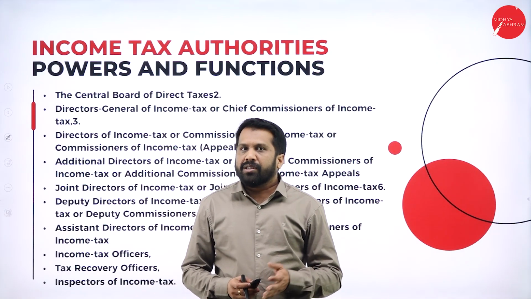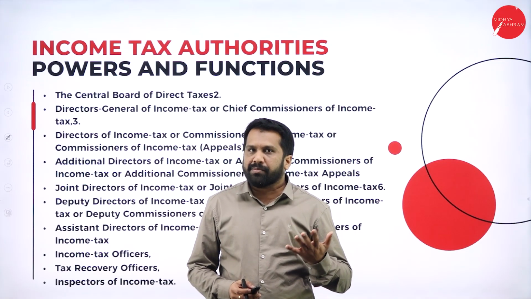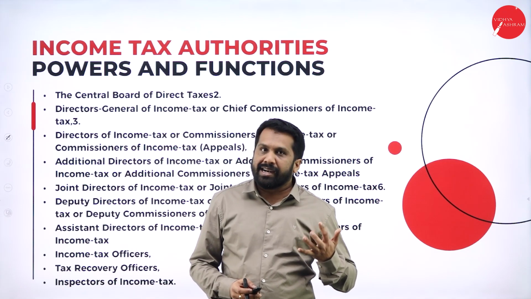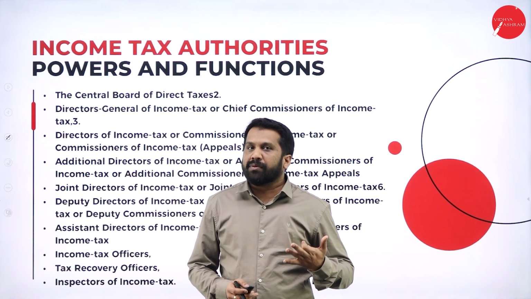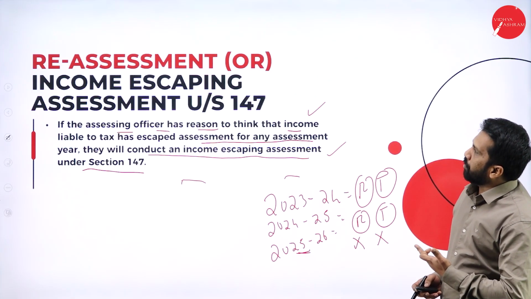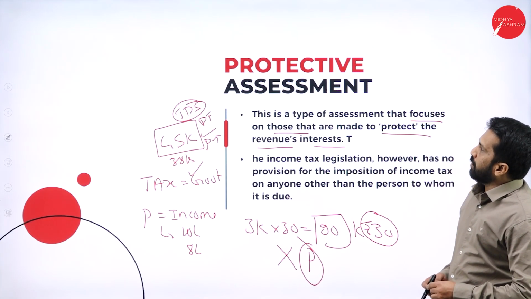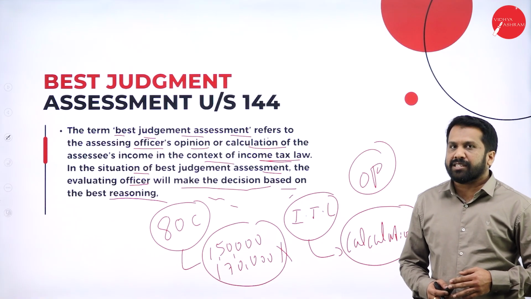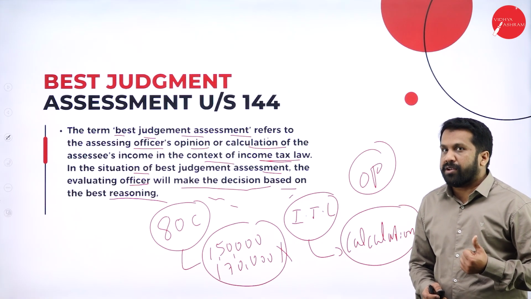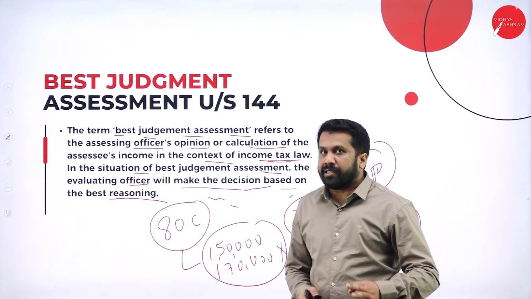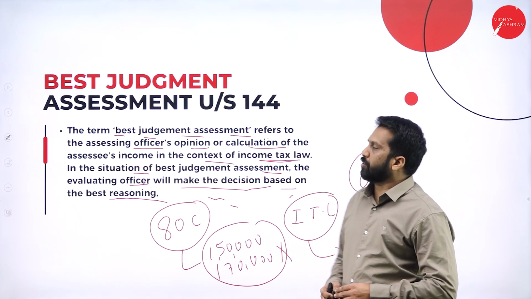As you know, you already learned self-assessment, summary assessment, scrutiny assessment, assessment in case of search, reassessment, protective assessment, and best judgment assessment. All the 7 assessments you have learned. Please remember, as I told you, 100% question for your examination.